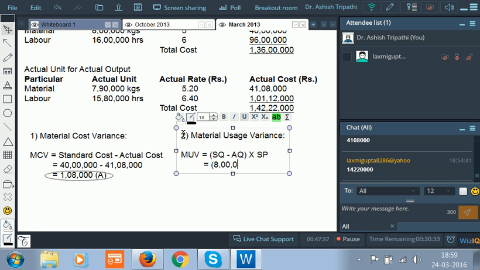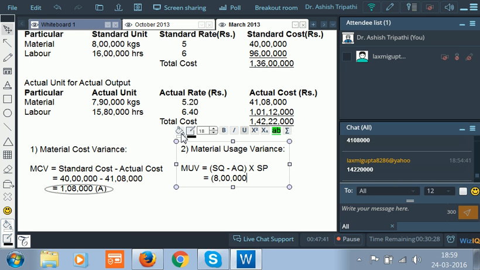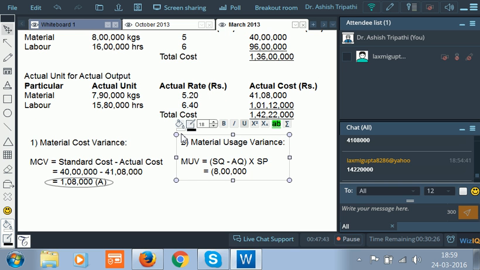So let us put the value. Standard quantity is 8 lakhs minus actual quantity is 7,90,000 into standard price. Standard price is 5.